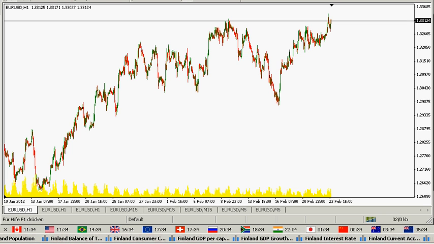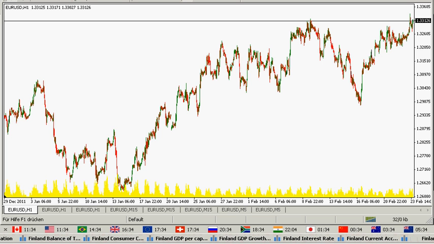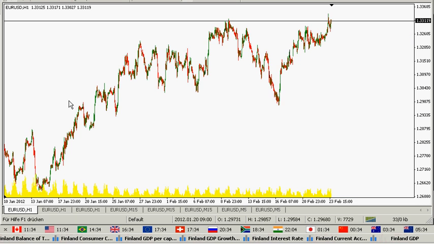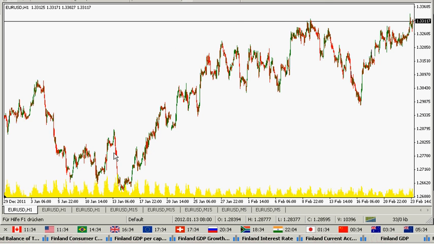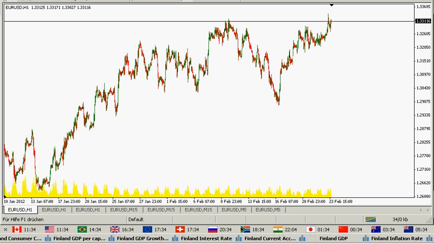Here we've got the 1 hourly chart of the euro dollar, and here we see the lows of this year after the sell-off at the start of the year, and then the recovery and the upside trend.